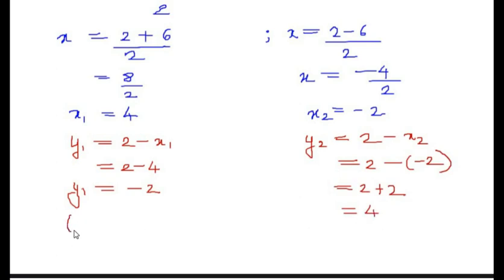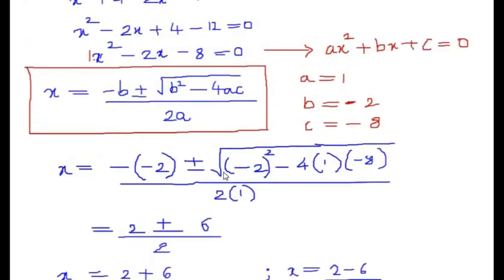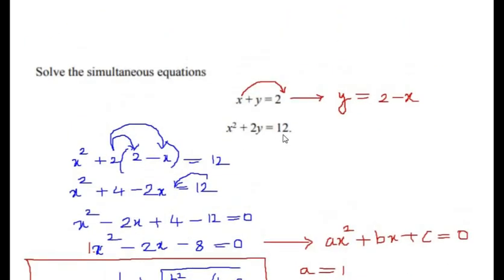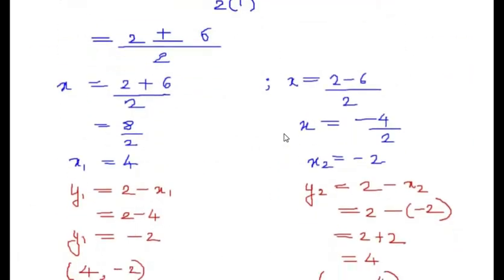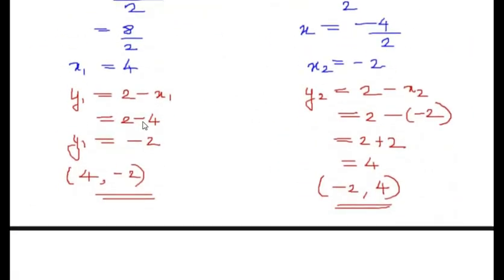So for the first value of x, we get the value of y as -2, and for the second value of x, we get the value of y as 4. So this is how we solve the simultaneous equations for the quadratic expressions. So we get two values of x and two values of y.